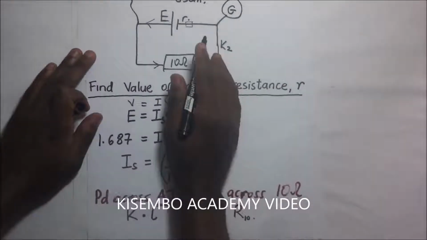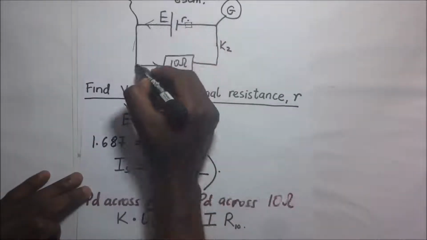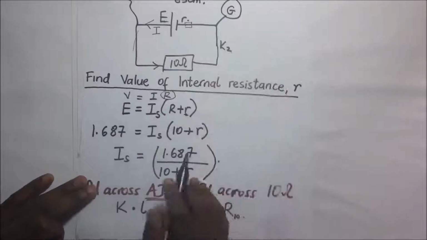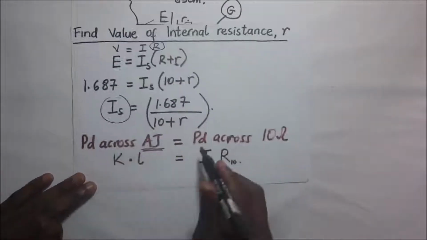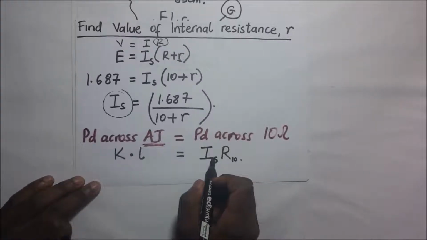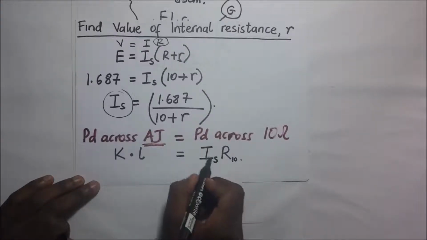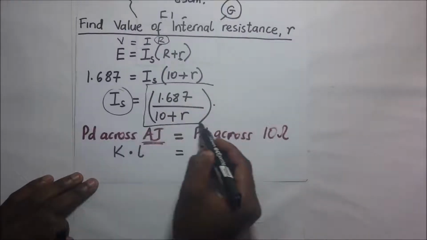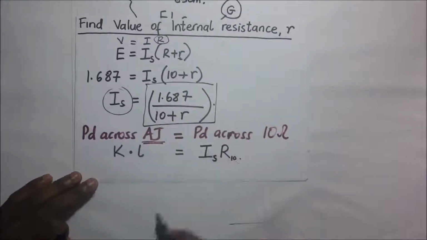If you look at our diagram here, the current going through the 10 ohm resistor is the current that has been produced here, which is IS, the current in the secondary circuit. So we are going to substitute that expression.